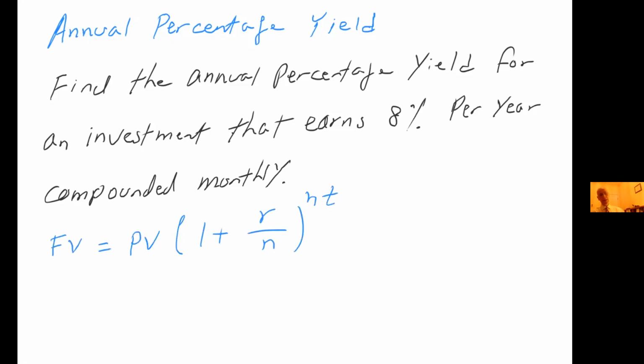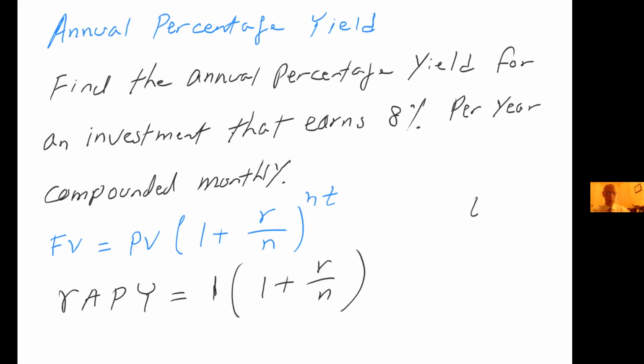Now that we are talking about annual percentage yield, let me write rate of annual percentage yield equals the present value that you are going to be investing, let's just call it 1, like 100% of what you invest, times 1 plus r divided by n. And since we are talking about annual percentage yield, t equals 1. So I only put n in here.